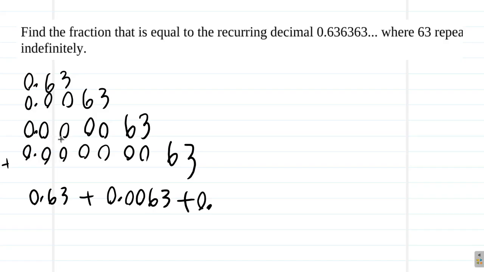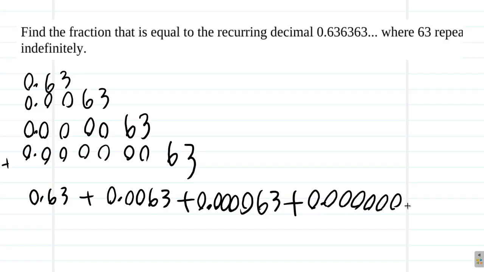How many zeros do you have? 1, 2, 3, 4 zeros, 63 plus. Then at this part, how many zeros do you have? 1, 2, 3, 4, 5, 6 zeros, and then 63 plus. Okay, and it goes on like that. So that's the series.